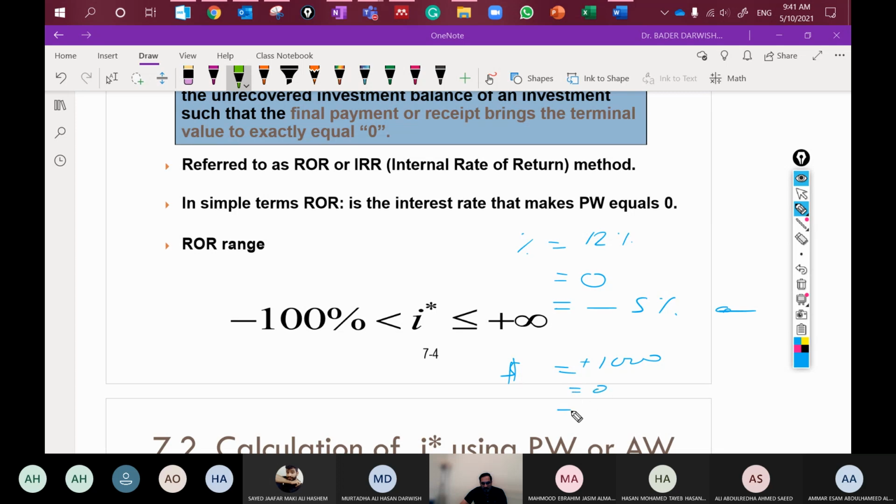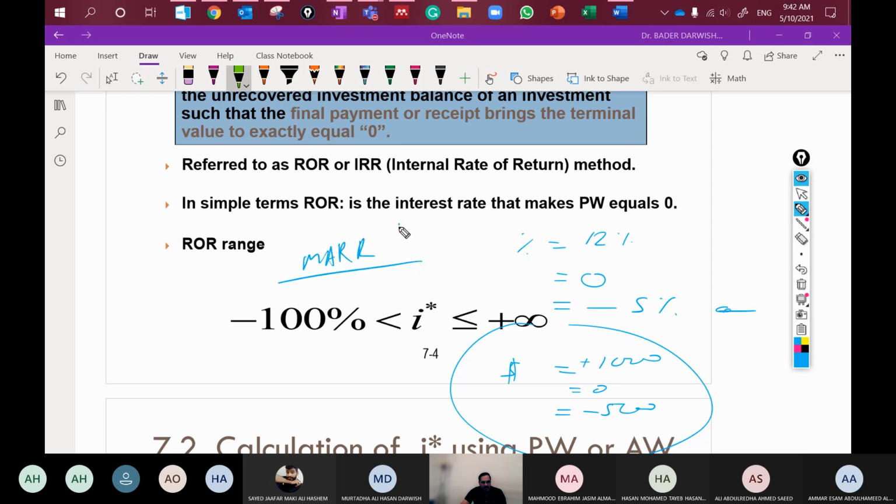And we had 0 and we had minus 500. So now if he gives me all the information regarding monetary and he wants to find out the percentage, I can do that. At the same time, I can do my analysis and compare it to the MAR.